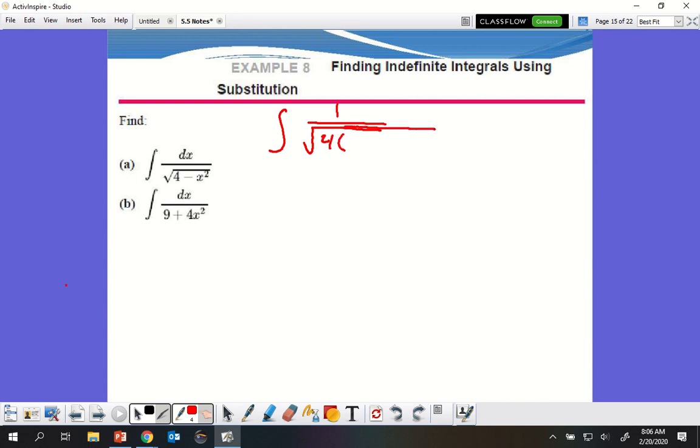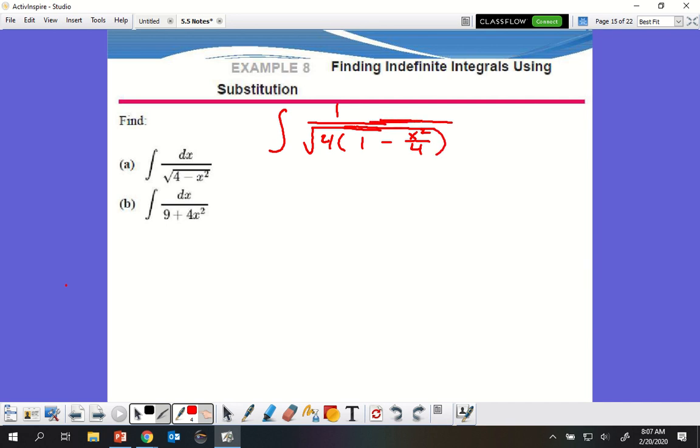When I factor out that 4, what's going to be left? I'm going to get 1 right here minus 1/4 x squared, right? So I'm going to go x squared over 4, and that's all right there.